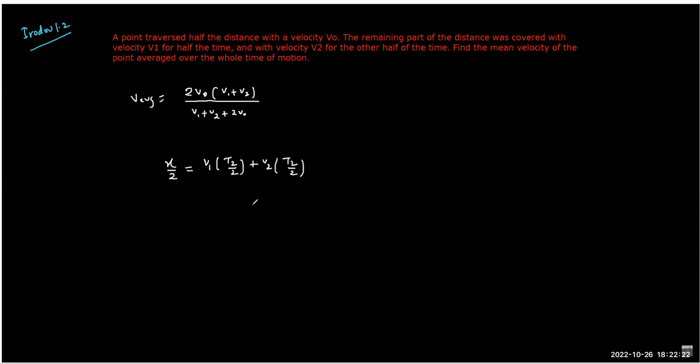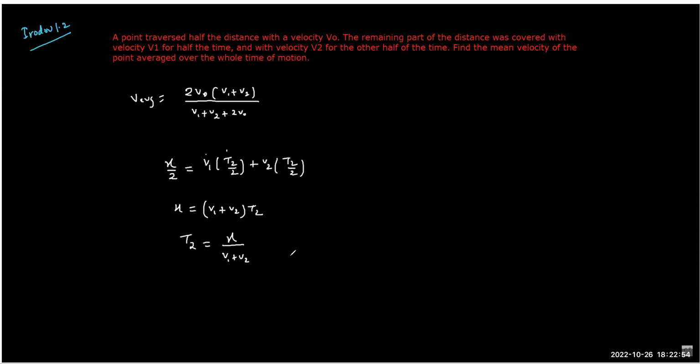And why did you add the velocities V1 and V2? You traveled with V1 speed for half of the remaining time, which is T2 by 2, and then V2 with T2 by 2 again, and the total is X by 2. This gives you X equals (V1 plus V2) into T2 by 2, so T2 turns out to be X by V1 plus V2.